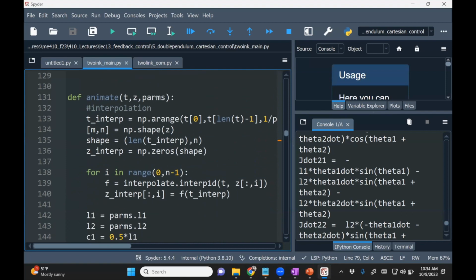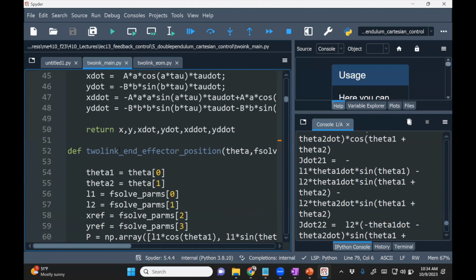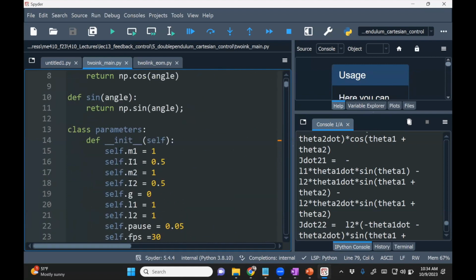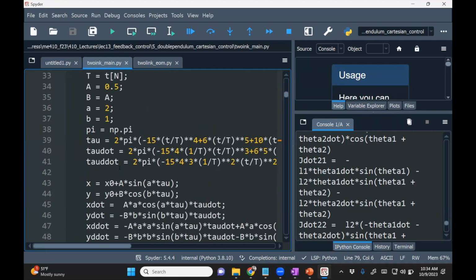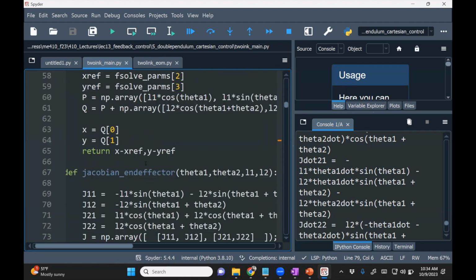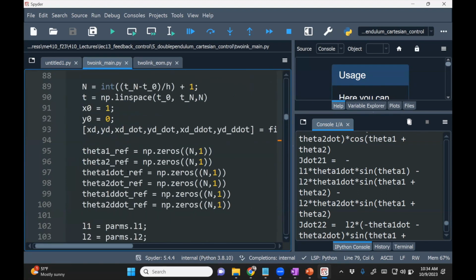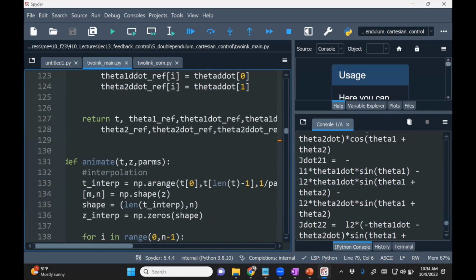There's something called control, which specifies the feedback linearization. Should be on top, I think. Let's go on top. Figure 8, end effector position, Jacobian end effector, two link trajectory, animate.